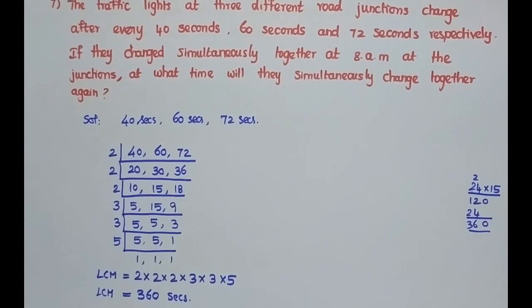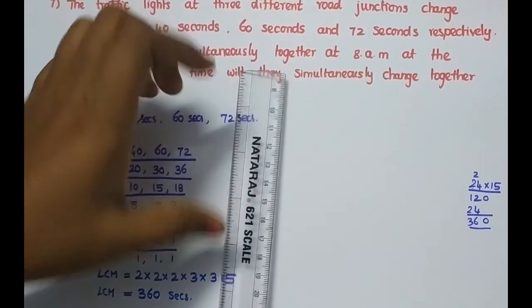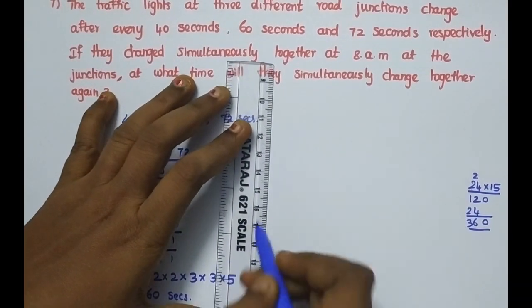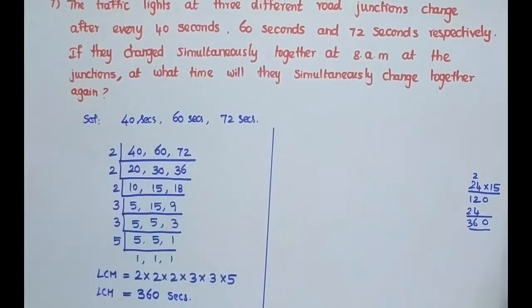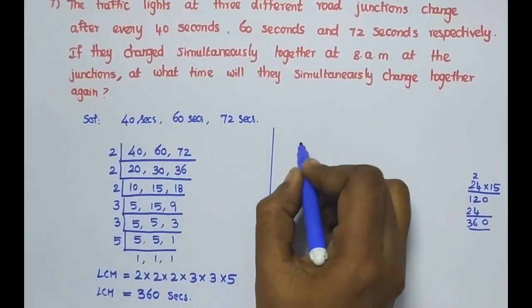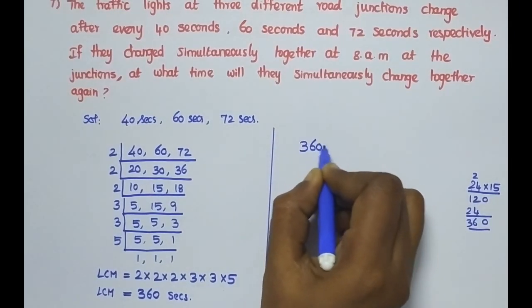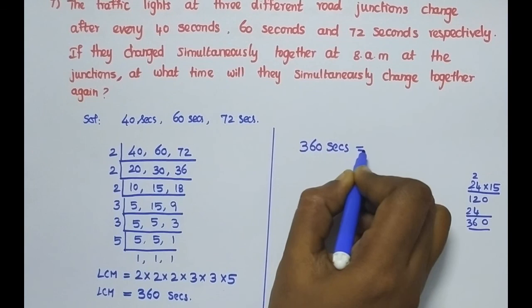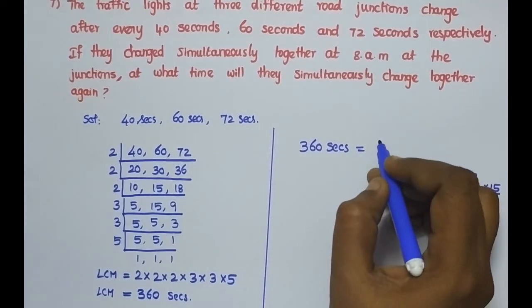So the time difference is 360 seconds. 360 seconds equal to how many minutes?